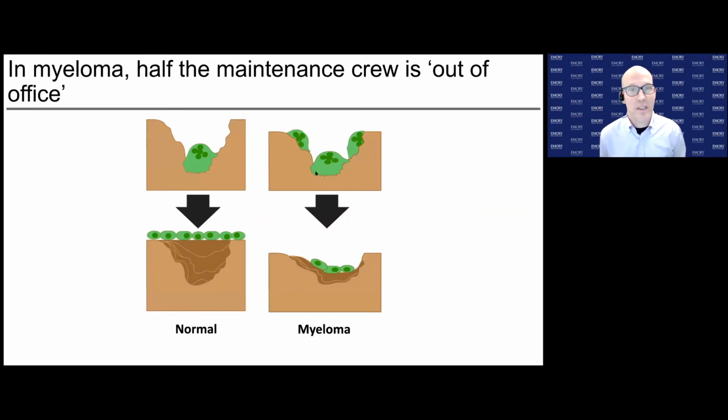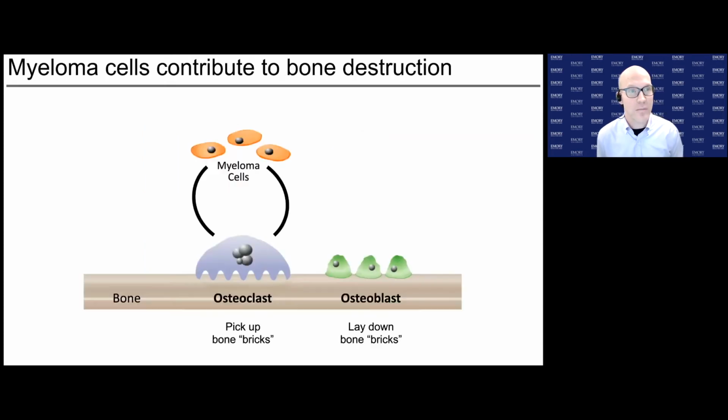In myeloma, half the maintenance crews essentially sent you their out-of-office email, and they won't be doing much work. So you can see on the left-hand side, you have good normal bone, whereas in the myeloma, the osteoclasts are chewing through bone, stimulated by the adjacent myeloma cells. What they do essentially is rev up these osteoclasts to pick up the bricks of your bones without stimulating the osteoblast to lay down new bone.